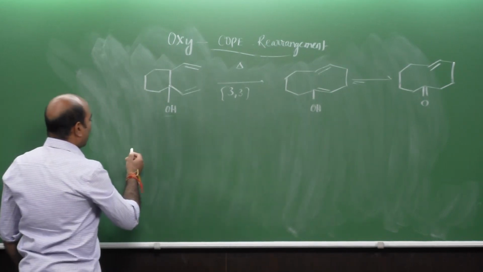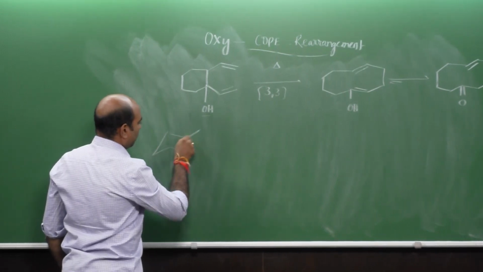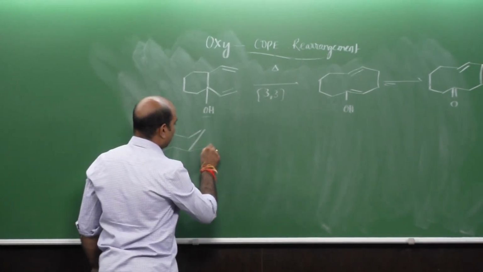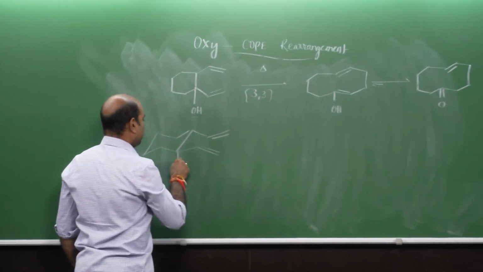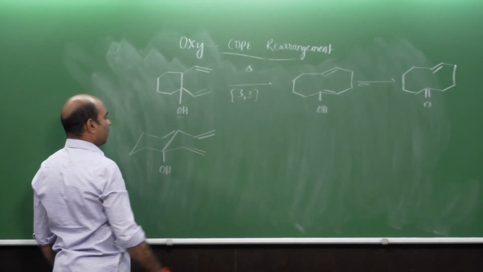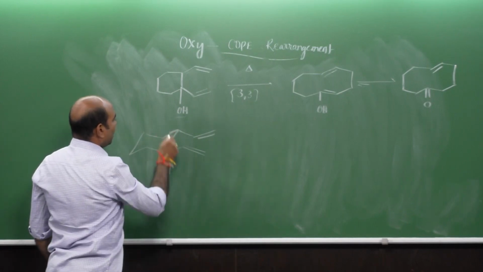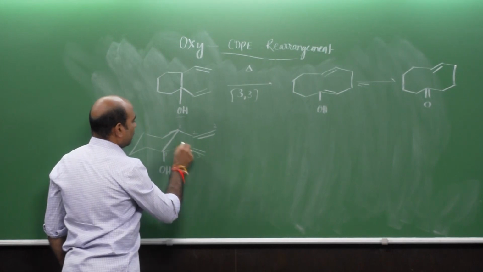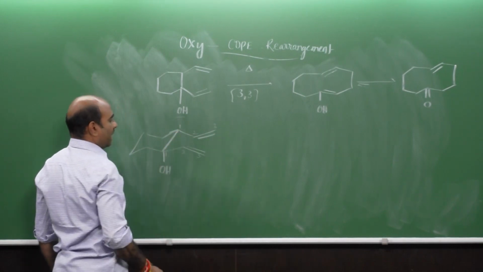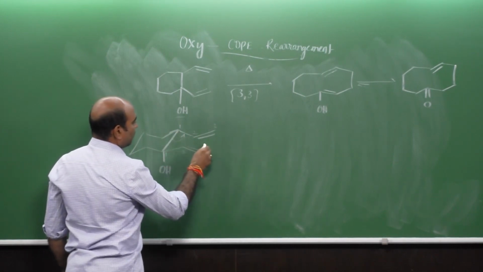So in the chair form, if you see this, this is the molecule. So what is happening here? This 1, 2, 3 and 1, 2, 3. This is the sigma bond which is migrating.